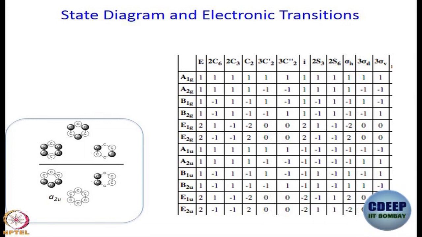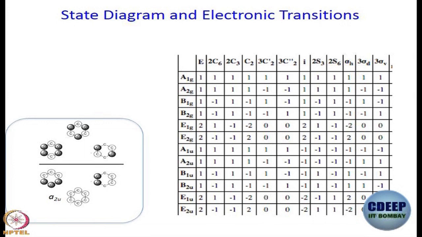So, in this case, question is E1G or E2G, right. Let us see E1G and E2G, where do they differ? They differ in the character of S3 and all are very difficult to do. In the character of sigma h, right, minus with respect to sigma h, that is E1G, plus with respect to sigma h, that is your E2G, right.